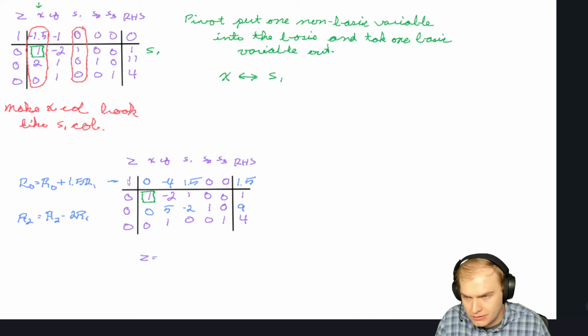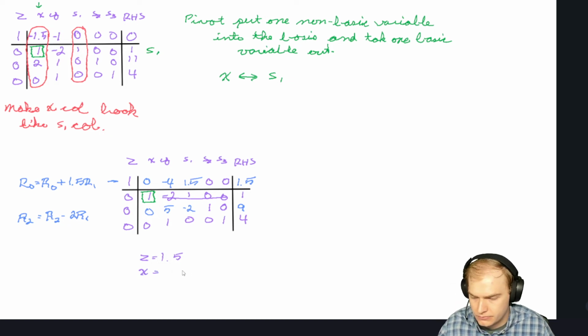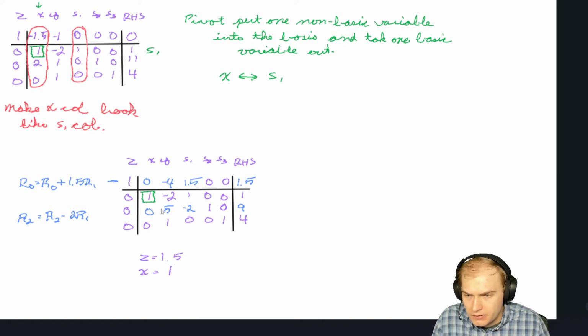Z is 1.5, X is 1, Y is not in the basis, 0, S1 also not in the basis, S2 is 9, and S3 is 4.